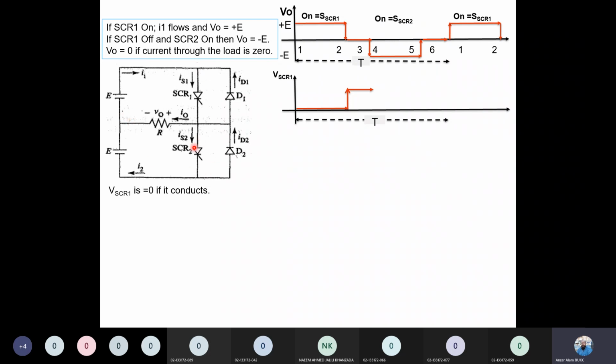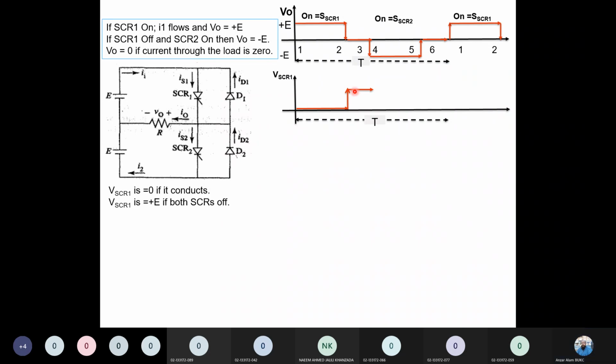So the supply voltage will be plus E. Similarly, the supply voltage will be E. If the SCR is off, because this is an open circuit, the voltage across this will be the supply, the maximum voltage, as you already know about these things. तो voltage across SCR1 आपके पास maximum हो जाएंगे.